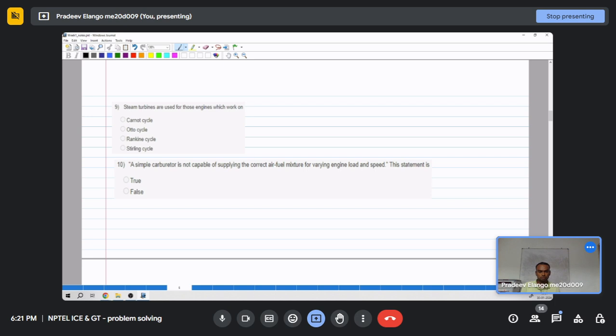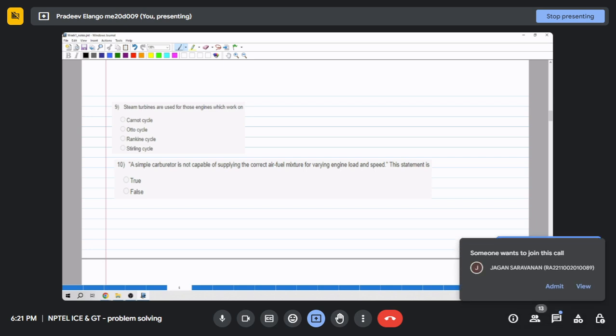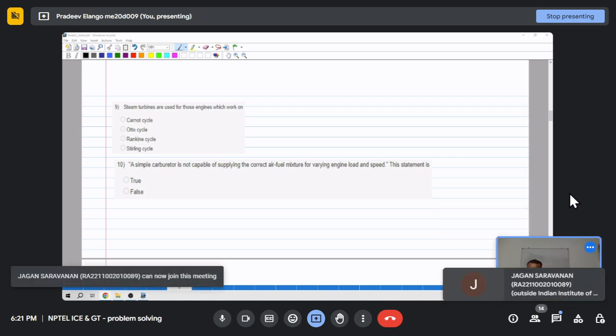Steam turbines work with which cycle? A steam turbine runs with the Rankine cycle.